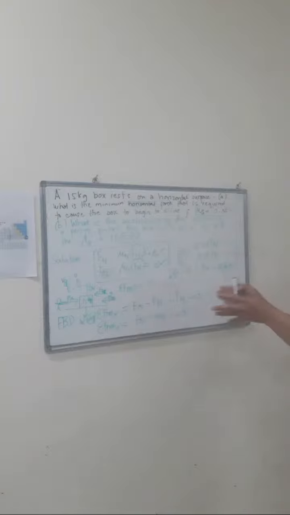Since you equate this to 0, it will become Fn, transposing the sign of this term to the right side, and it will become positive. So 15 times 9.81 is your normal force. How much? Calculator please.